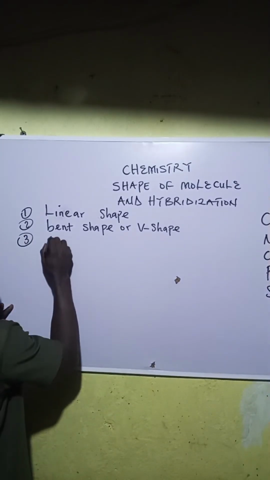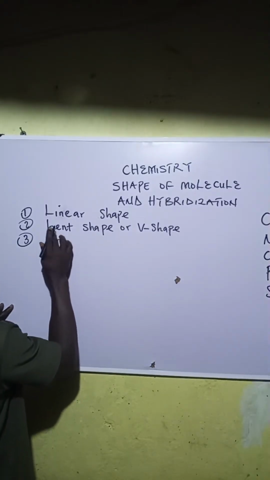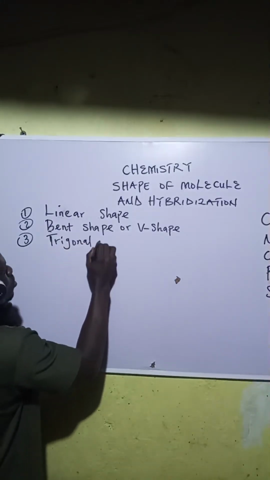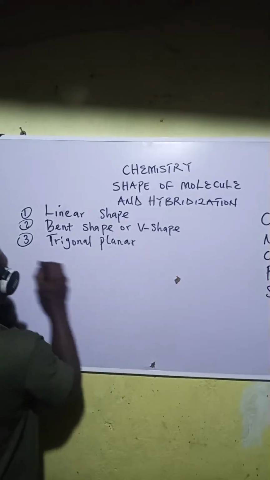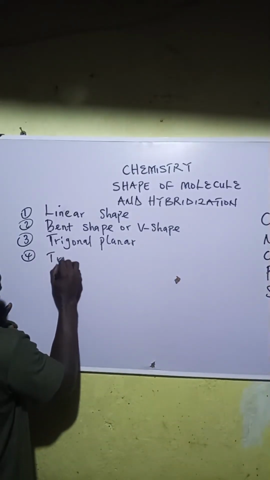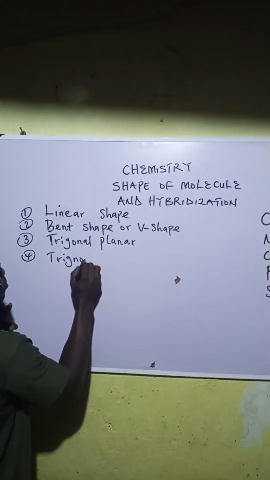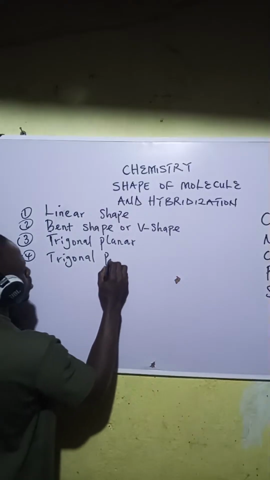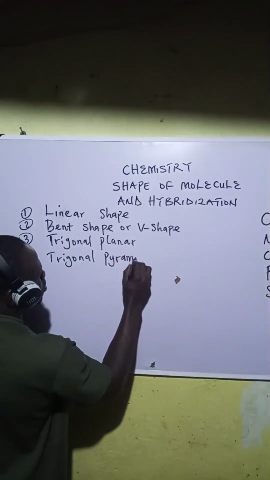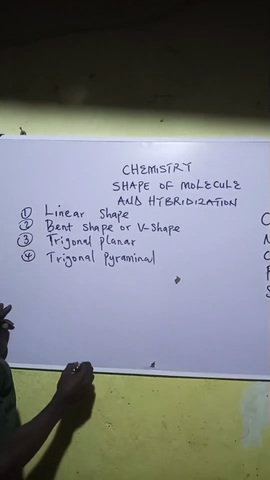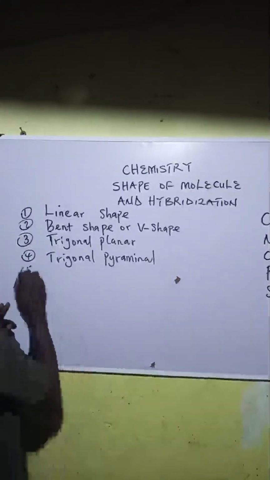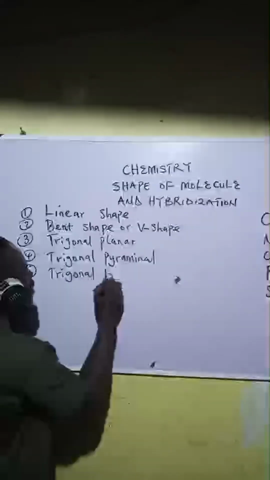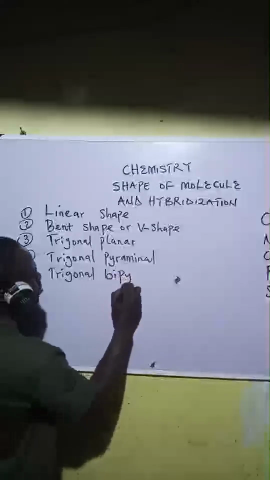Three, we have what we call trigonal planar. Four, we have trigonal pyramidal. Five, pyramidal.